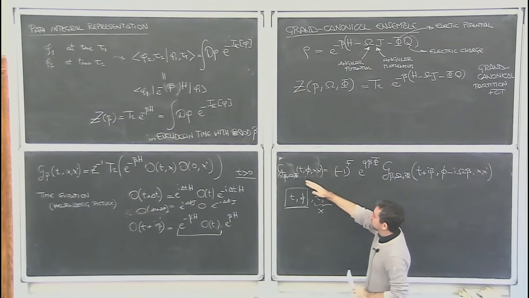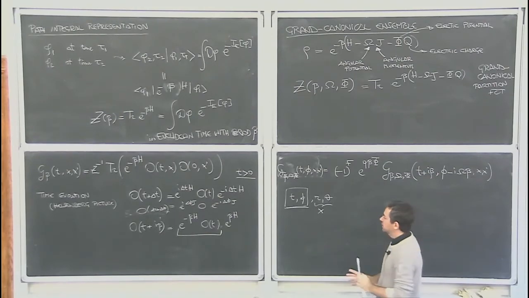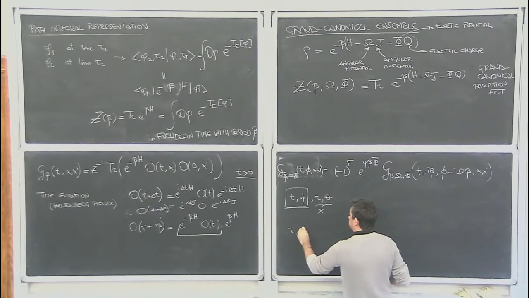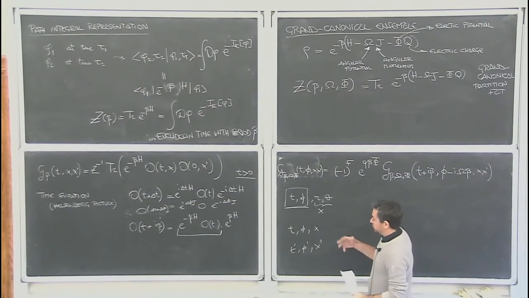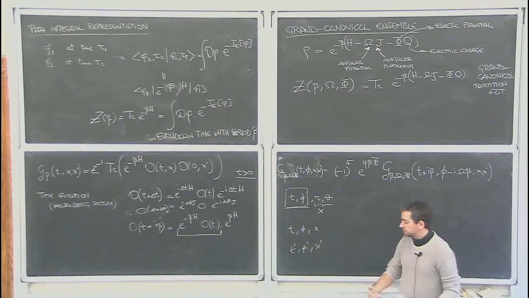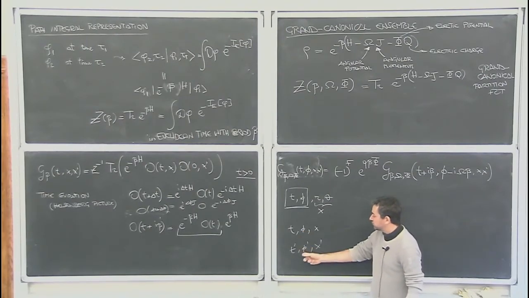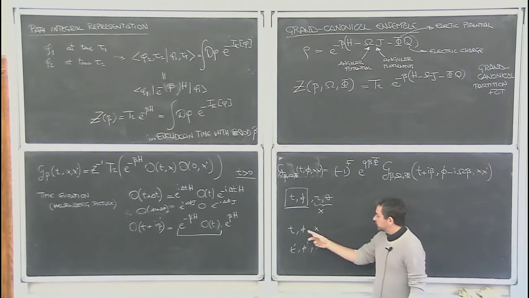Now I'm considering the Green's function of two-point operators evaluated at two points. So I would need to have t, phi, x, and t prime, phi prime, x prime. But we know that the Green's function can only depend on t minus t prime because I have time translation invariance. It can only depend on phi minus phi prime because I have translation invariance along phi, the angular direction.